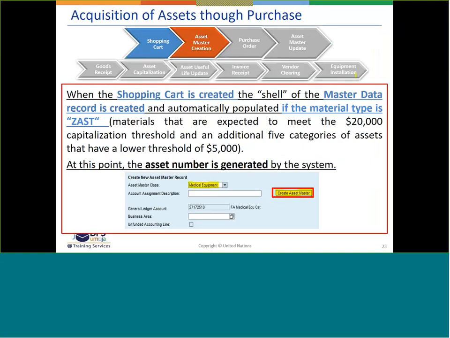This is another slide that is very important for you. So please open your eyes and understand the following concept. Otherwise, you'll have meaningless discussions with property management. When the shopping cart is created, the asset master record is created, only if the material type is SAS.